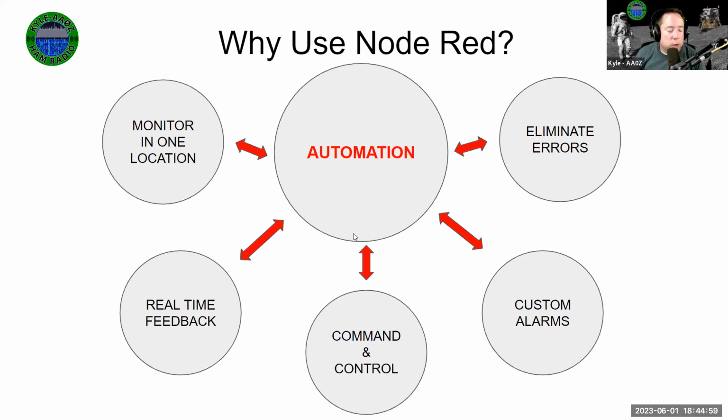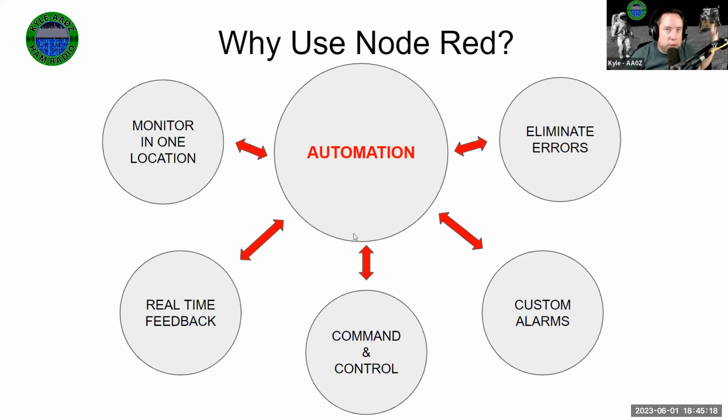So one, whenever I contest at my contest station, we have crap all over the place. The antenna, the amplifiers are behind me. The rotors are up on a shelf. The bandpass filters are over on my right-hand side. It's all over the place.